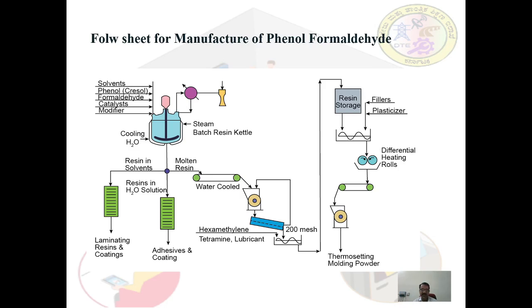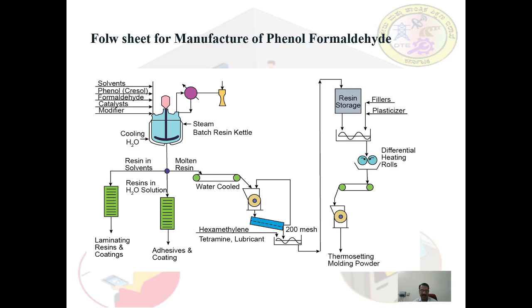During the initial stage of reaction, the heavy viscous resin settles as the bottom layer with an aqueous layer on the top. A combination of heat and vacuum in the resin kettle enables the dehydration of the reaction mixture. At around 130 to 150 degrees Celsius, the resin fuses and is removed from the kettle.